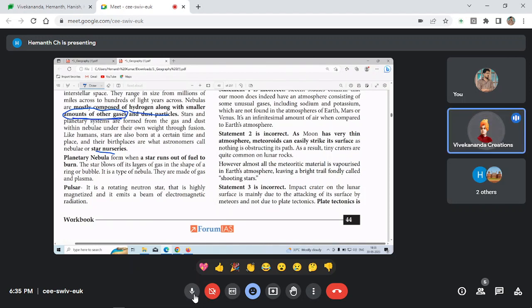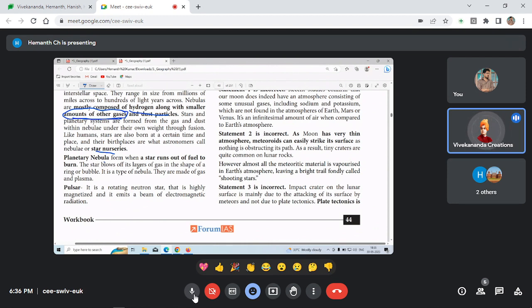Planetary nebula forms when the star runs out of fuel to burn. The star blows off a layer of gas in the shape of a ring or bubble. It is a type of nebula. They are made of gas and plasma. Pulsar.